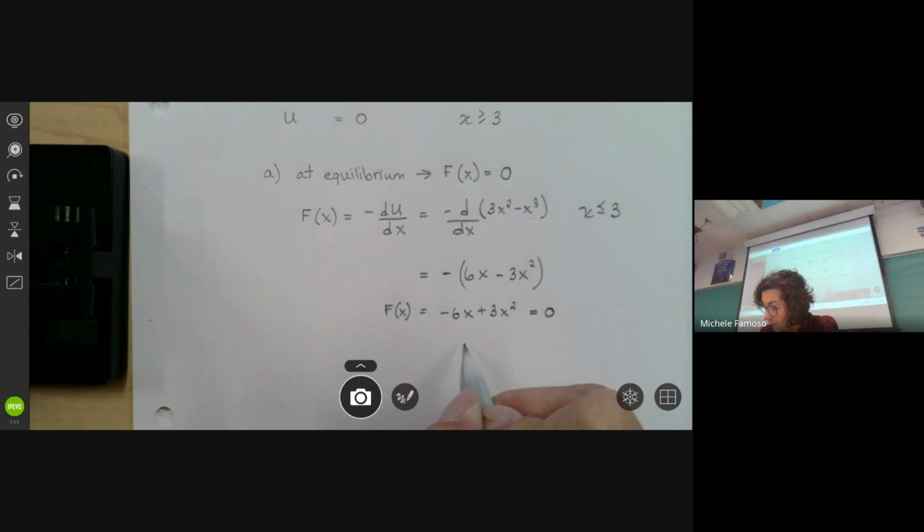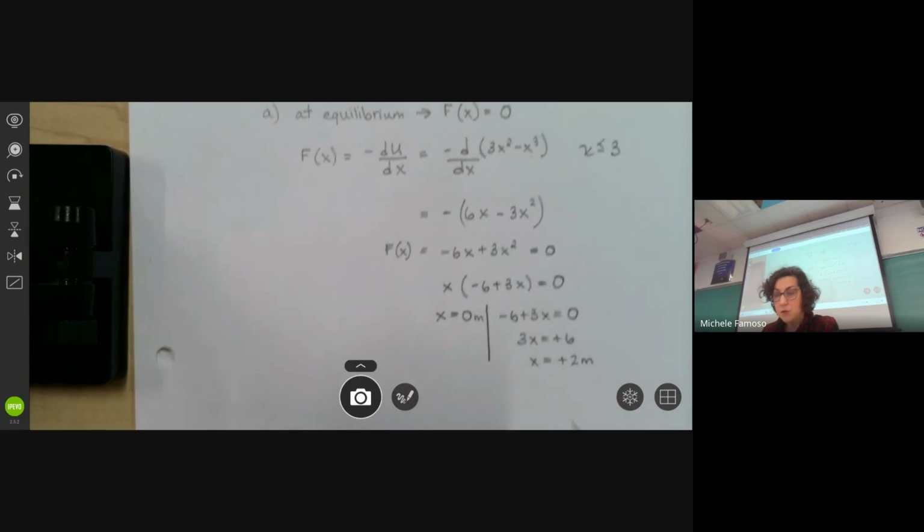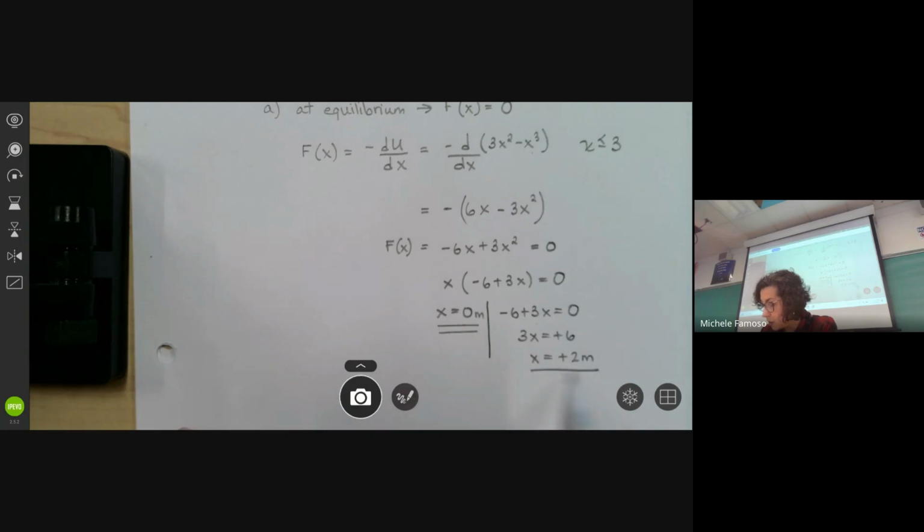and solve. So if I factor out an x, I have negative 6 plus 3x. So that means x is either equal to 0 or negative 6 plus 3x is equal to 0. So 3x would equal positive 6, or x is positive 2 meters. So these are two positions where I have equilibrium.